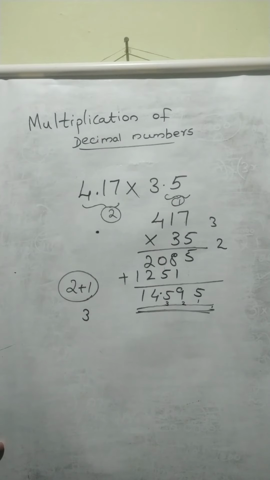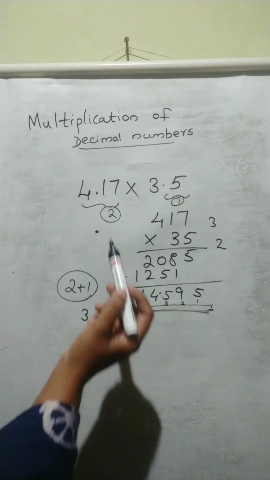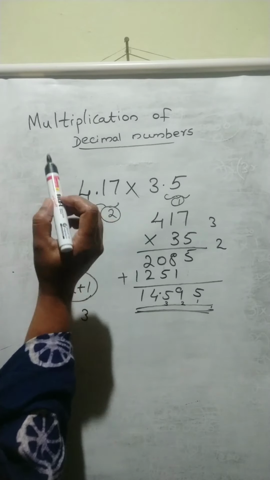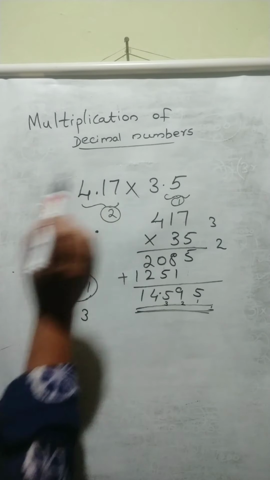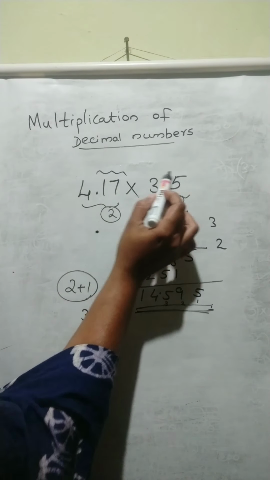Clear for you? How can we multiply this one? It's very easy. First multiply the numbers, then count how many digits are there after each decimal point. Here 2 and here 1.